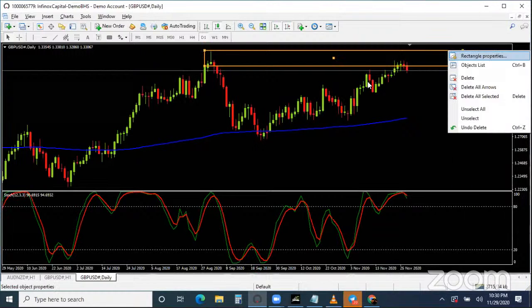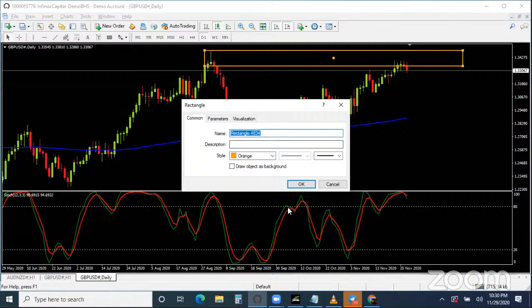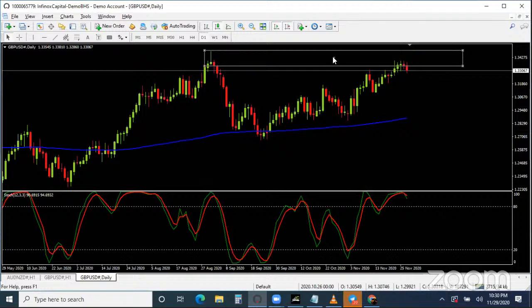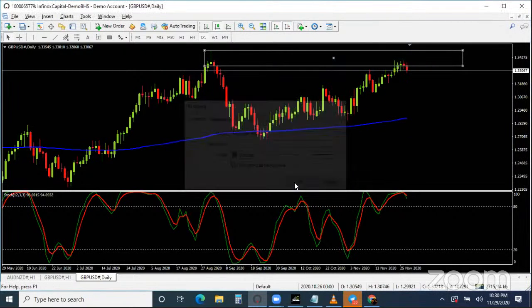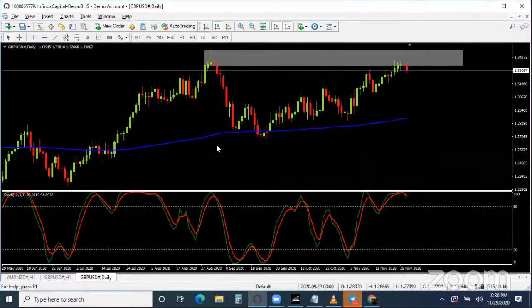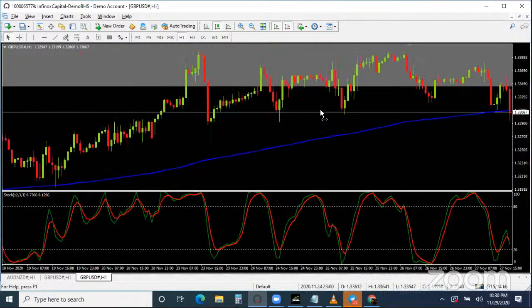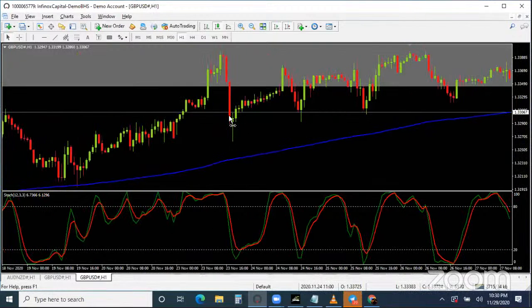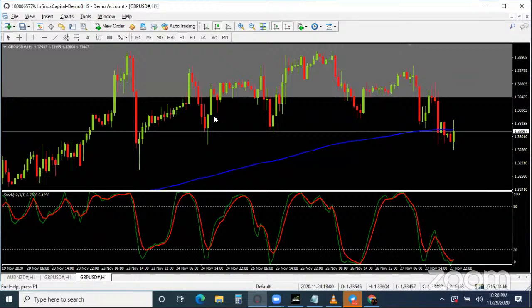To make it easier for me to see on other time frames, I might come down and give it a dim gray background, right? So now when I go back to H1, it's easier for me to see, based on IOF, where price seems to be pushing back down.